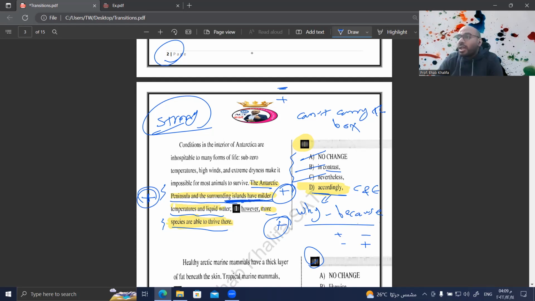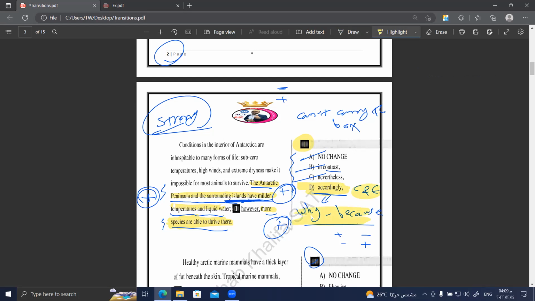For example, if I say because the Antarctic Peninsula and the surrounding islands have milder temperatures and liquid water, does it make sense? Yes, sir. If why because makes sense, then I need a cause and effect word. Thank you so much. I really appreciate that.